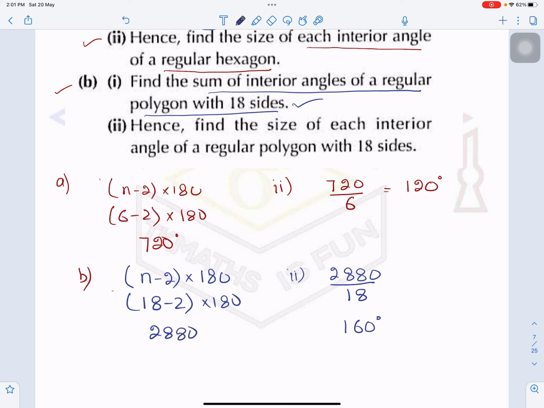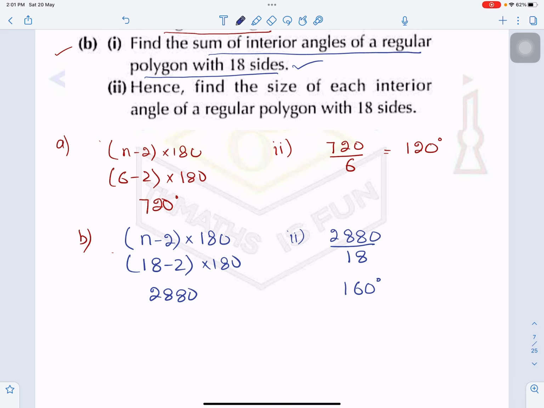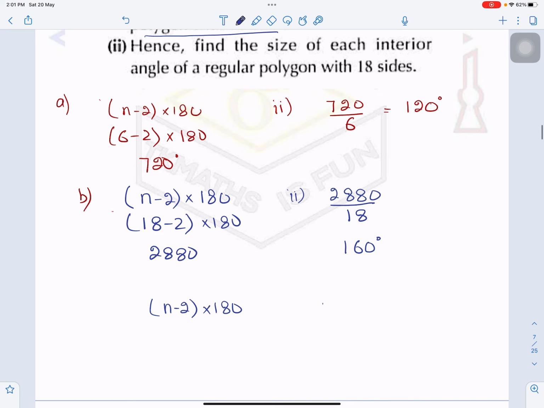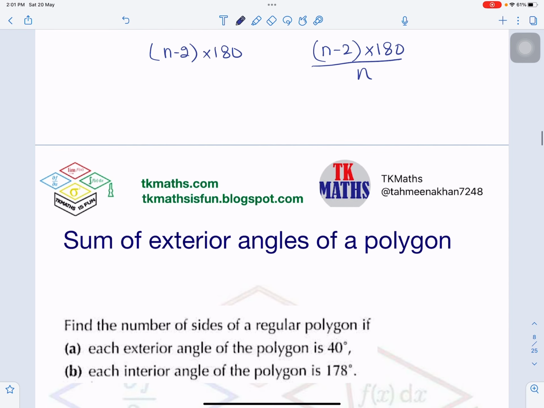So by the way, when you write a general formula, for the sum of the interior angles, you use this formula, right? But for one interior angle of a regular polygon, I'm repeating, for a regular polygon, if you have to find one interior angle, you will simply divide the sum formula by the number of sides. So it will become a new formula.